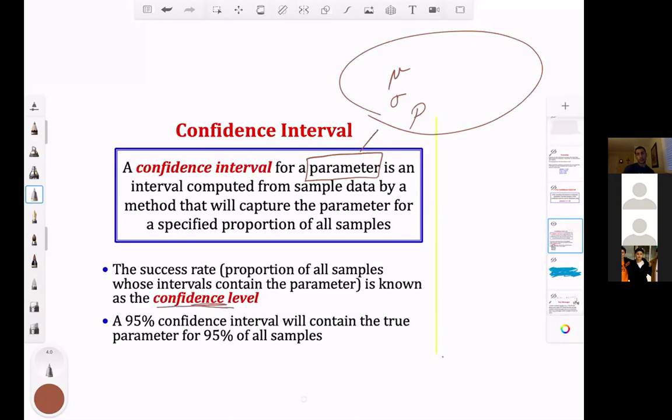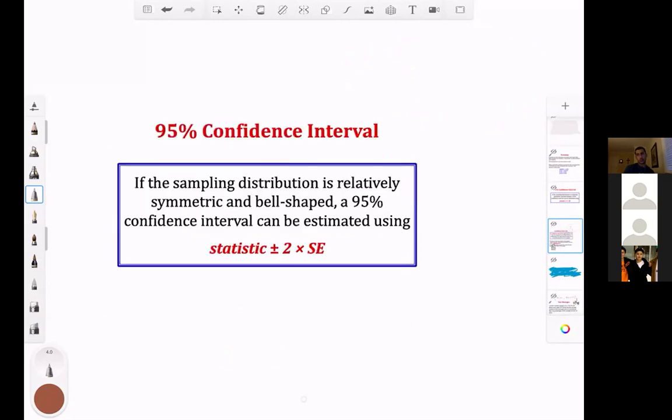The success rate is known as the confidence level. A 95% confidence interval will contain the true parameter for 95% of all samples. In this course we deal with 95%.